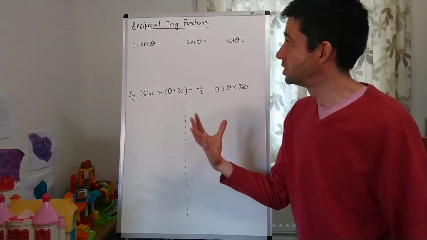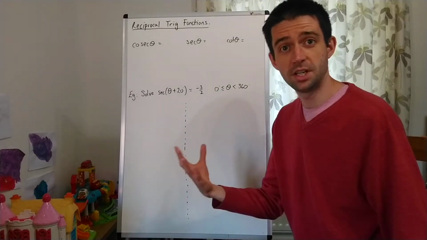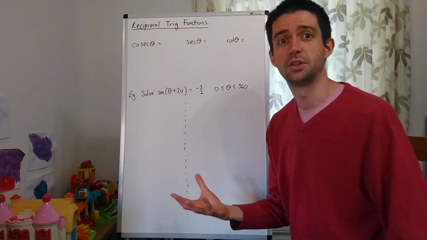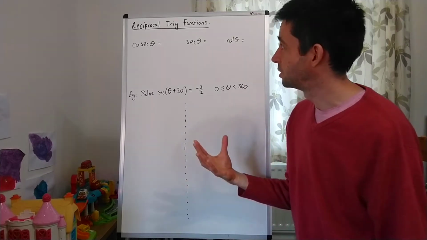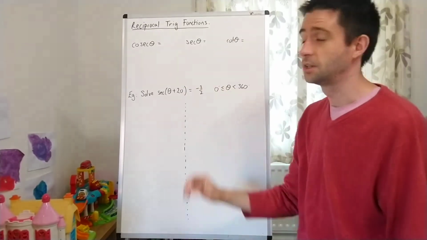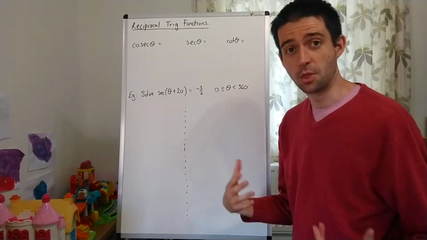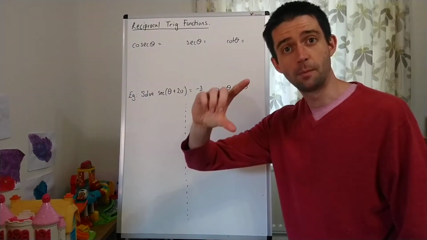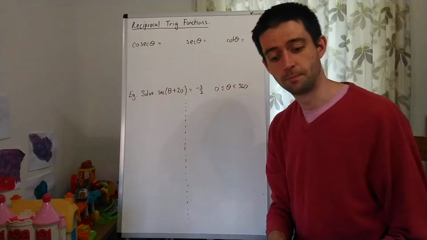So, the reciprocal trig functions, three new trig functions to learn. You'll be familiar with sine, cos and tan. We now have three new ones, cosec theta, sec theta and cot theta. And the reason that they're called the reciprocal trig functions is they are the three that we know about flipped over, the reciprocal.